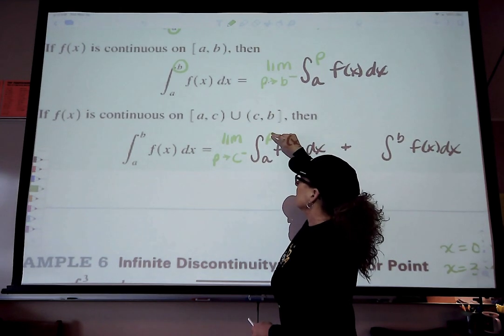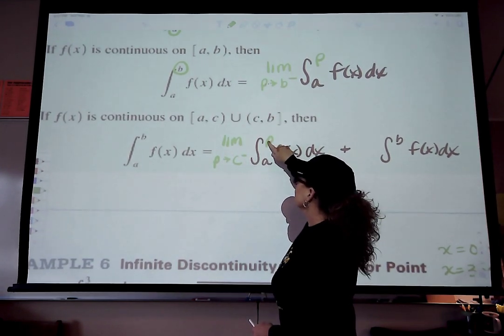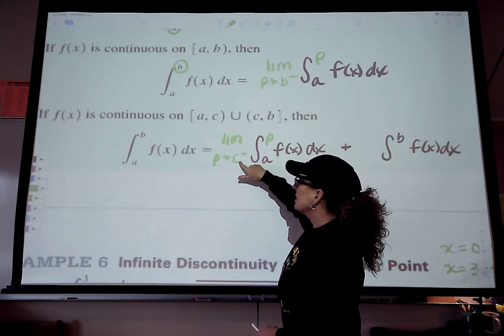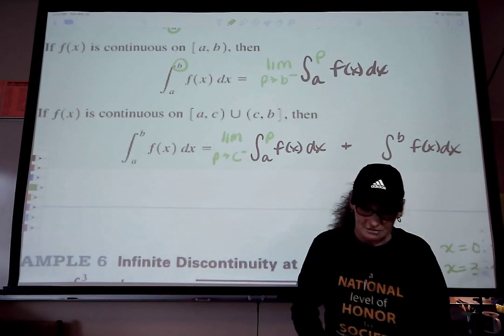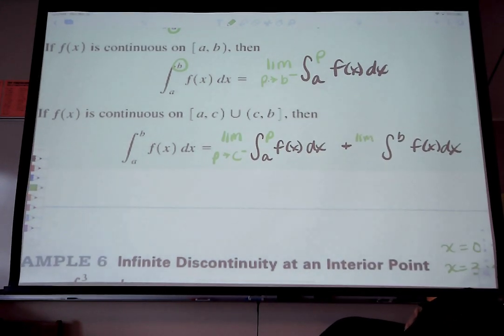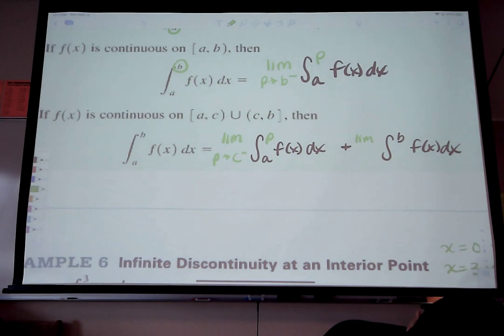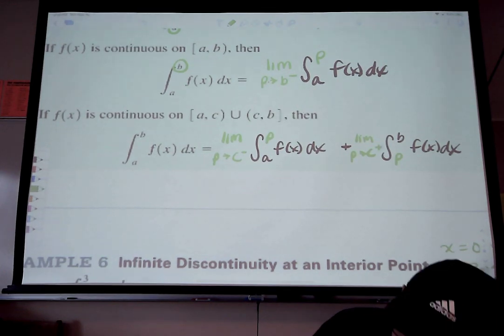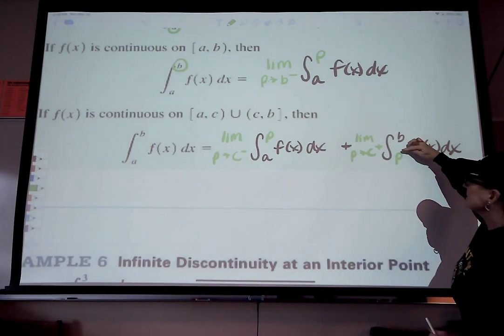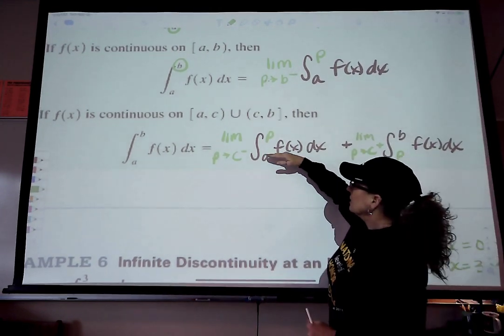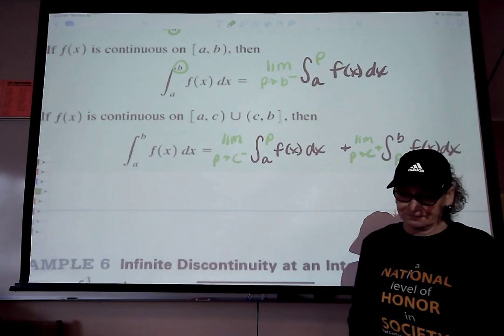So I pick a random letter here, and I'm letting this approach C from the underneath side of it. And then same from the upper side, because this is leading up to the lower side.